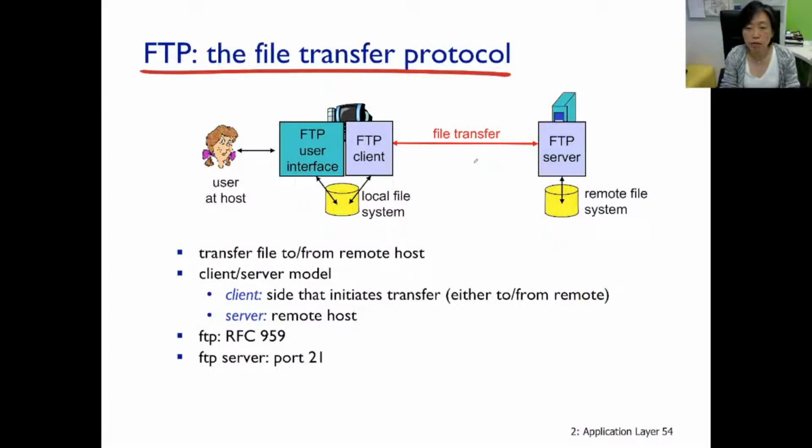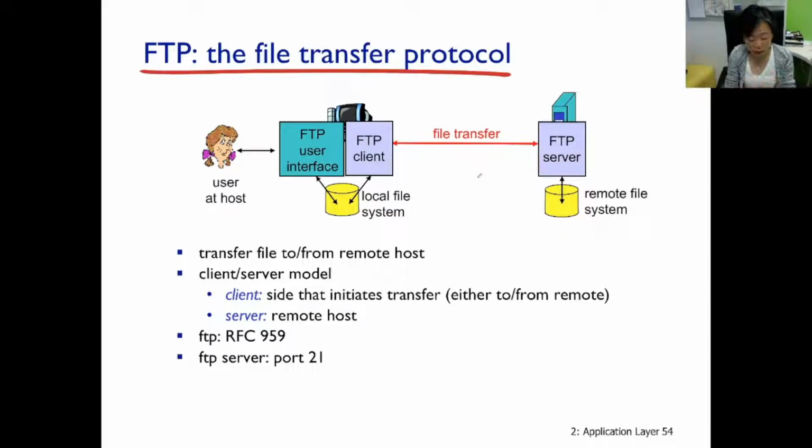FTP, the File Transfer Protocol. This is the second application layer protocol we're learning here. So see if you can identify the communication model, the structure between all these entities involved, the underlying transport layer service, and the message types, syntax, semantics, and how these messages are exchanged.